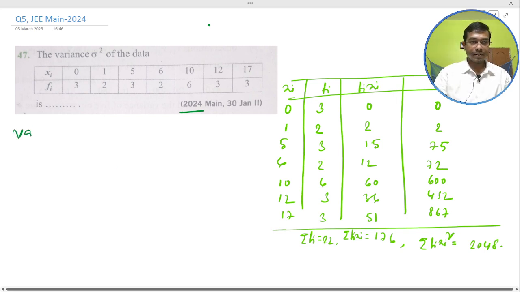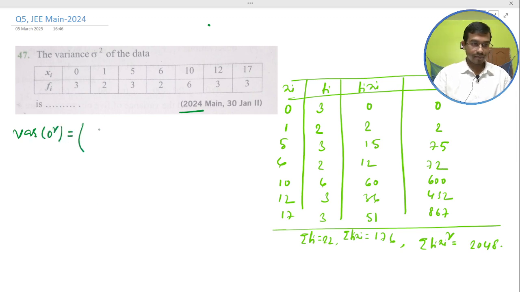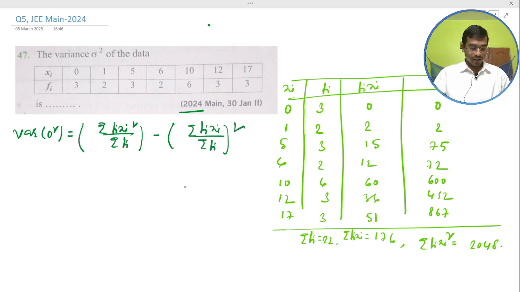Now the variance sigma square is nothing but summation fi xi square divided by summation fi minus (summation fi xi by summation fi) whole square. This is the formula. Put this value. Here this is 2048 divided by 22 minus 176 divided by 22 whole square.